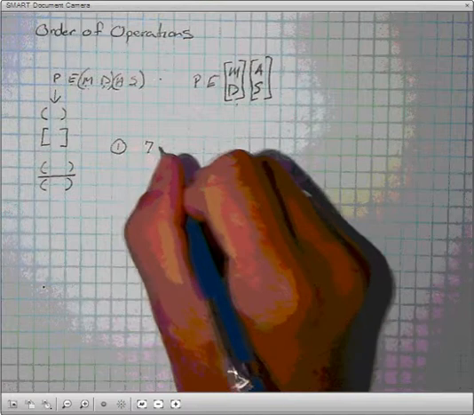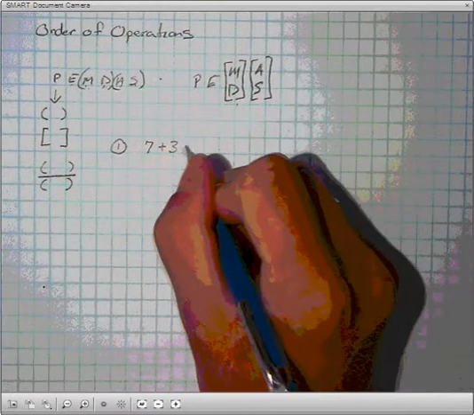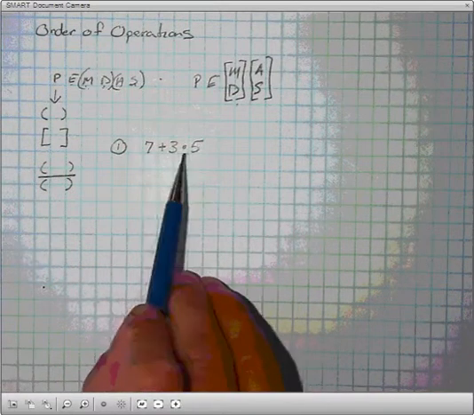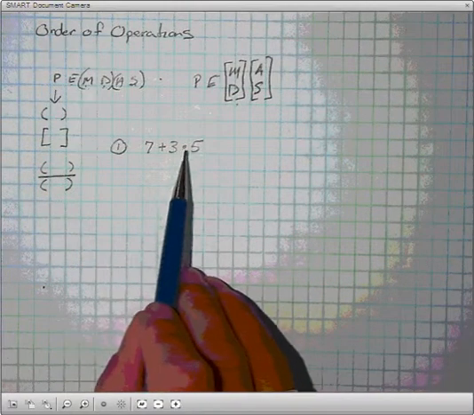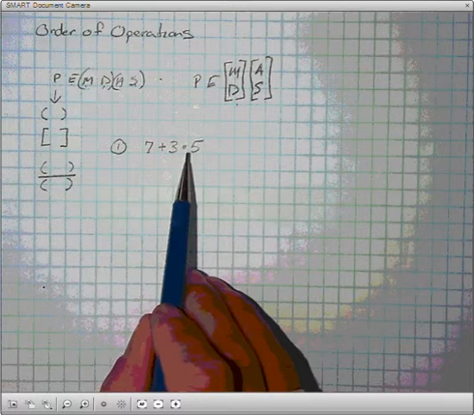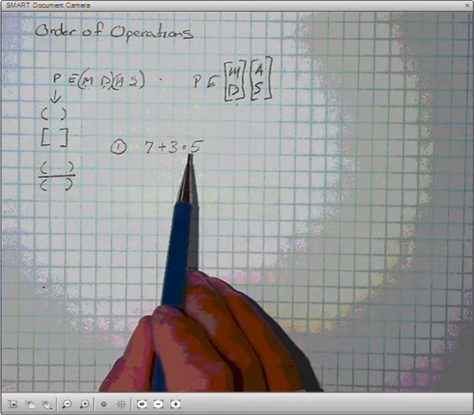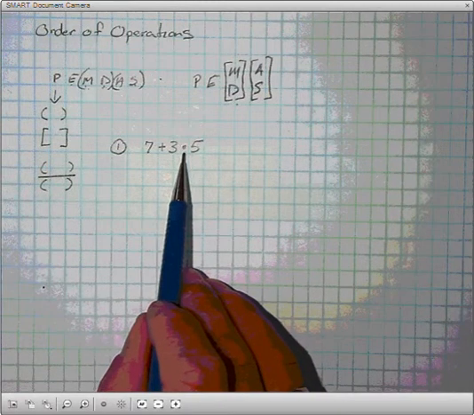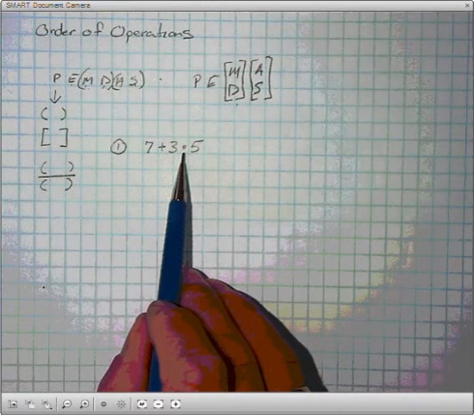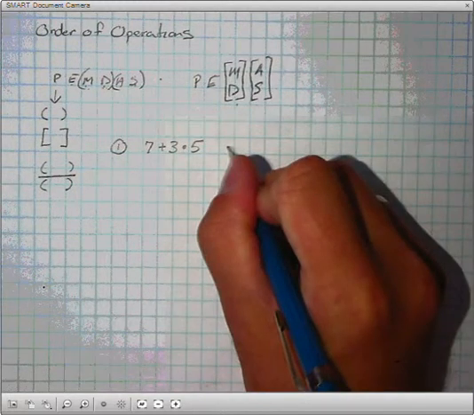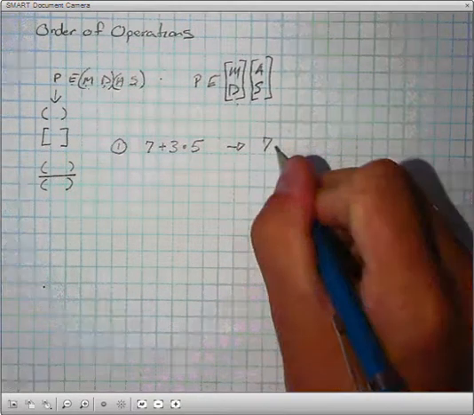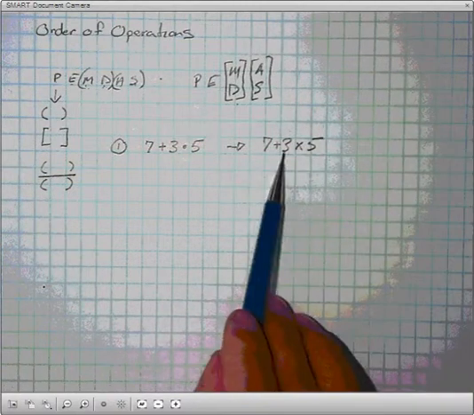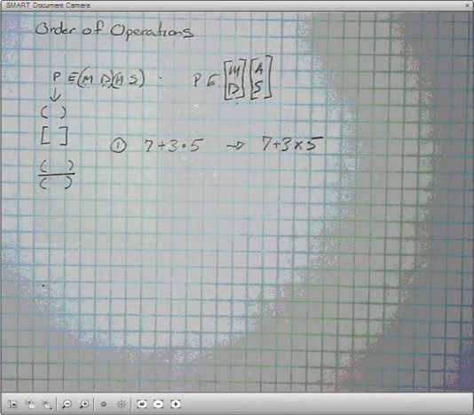We'll do 7 plus 3 times 5. I make my multiplication signs with a dot. Some teachers use an X for multiplication. The reason that I use a dot is because when we start doing algebra, it makes it a little bit less confusing. If I were to write this with an X, 7 plus 3 times 5, that's okay.